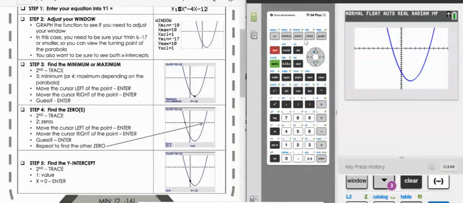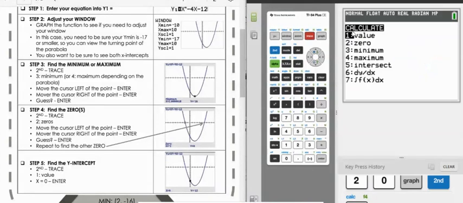Let's use the second trace feature again. You can see we have used how to find a value, and we have used finding zeros, but we haven't used anything else on this menu. Now it's time to choose between number 3 or number 4. As we said before, our vertex is a minimum, so we're going to choose number 3.